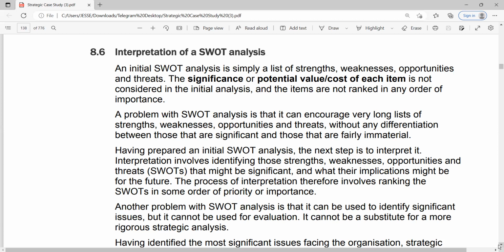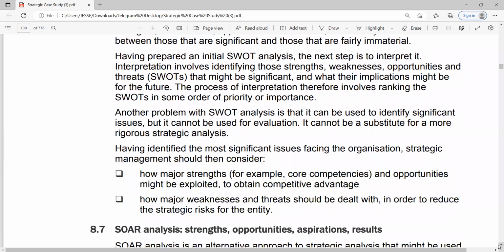Interpretation basically means determining which of the strengths, weaknesses, opportunities, and threats might be significant, and what the implications are. Implications and ranking. That's what we mean by interpret. So the process of interpretation is simply ranking the SWOTs in some order.